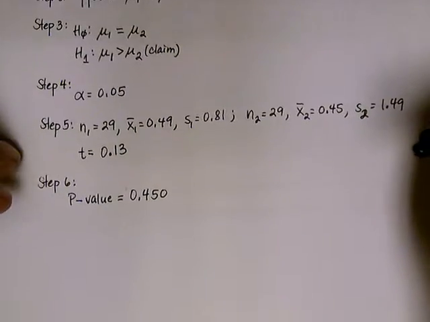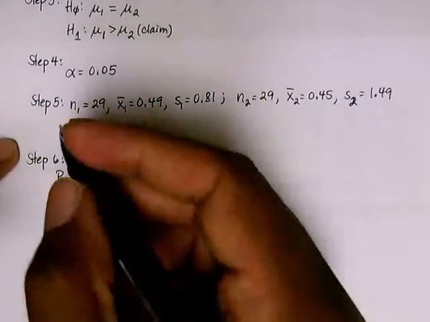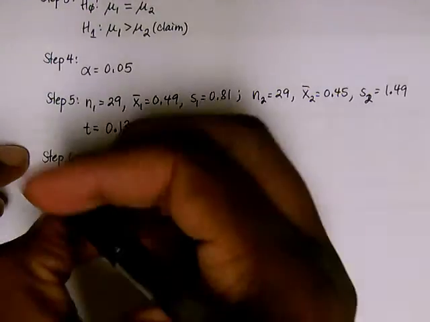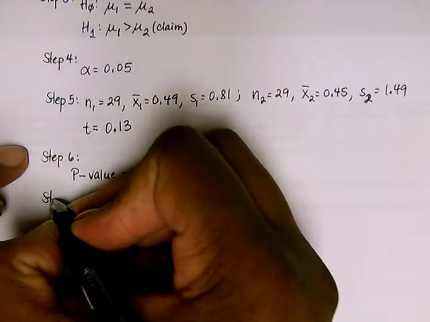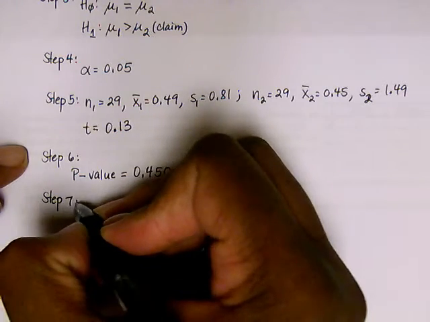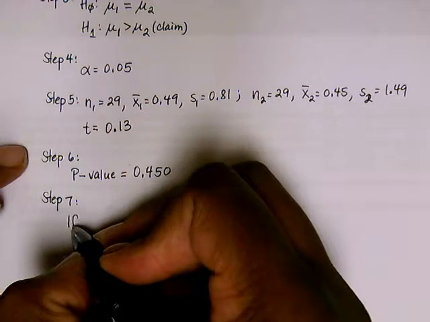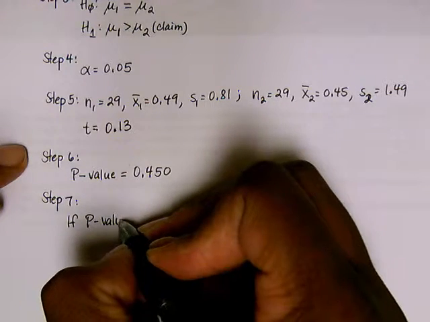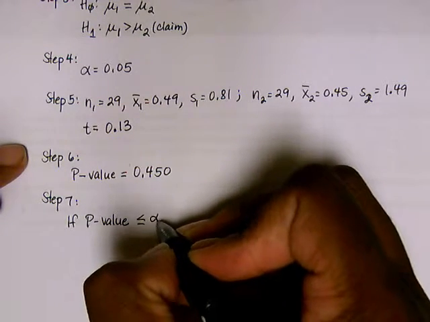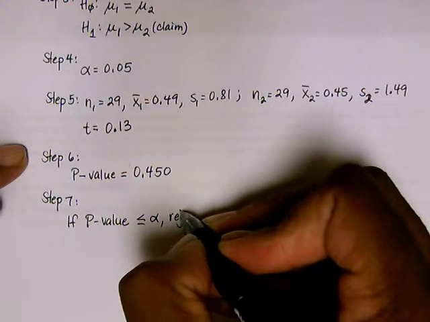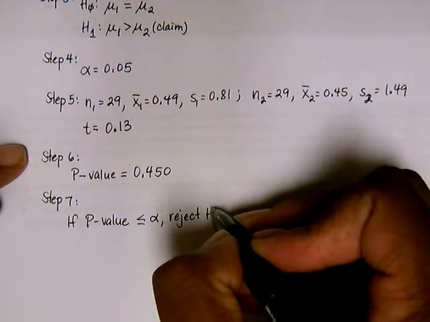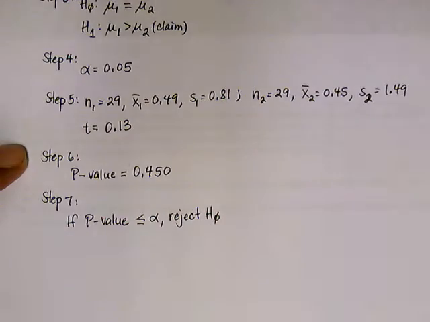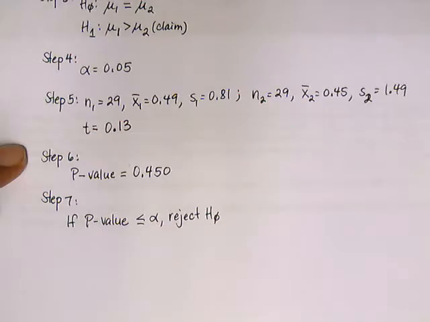Alright, step number 7. Is the decision rule, and that's this. If the p-value is less than or equal to alpha, you're going to reject the null hypothesis.